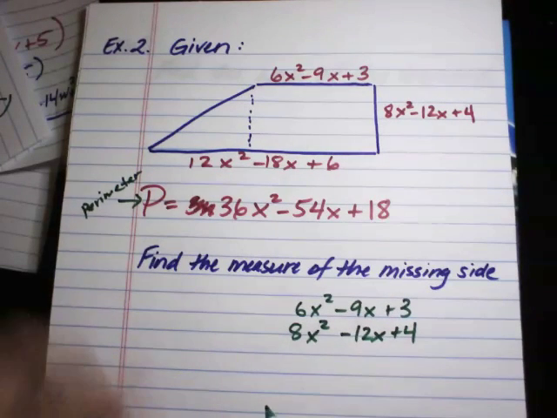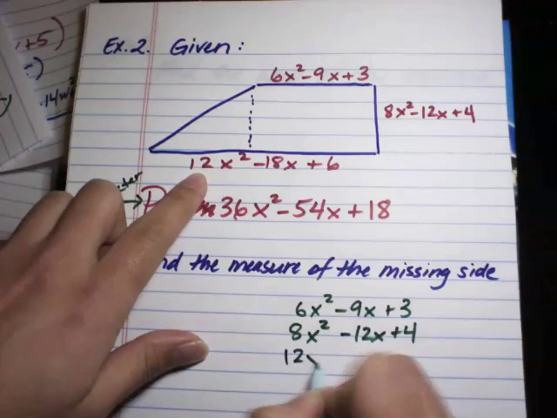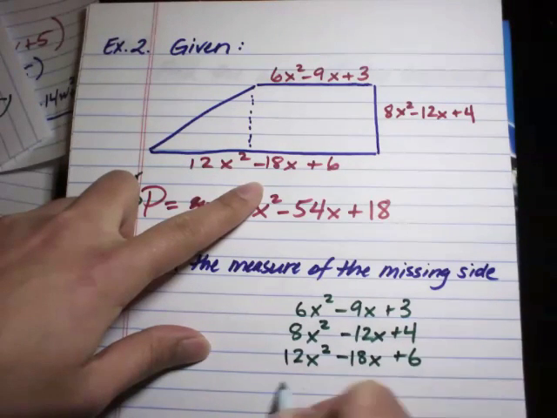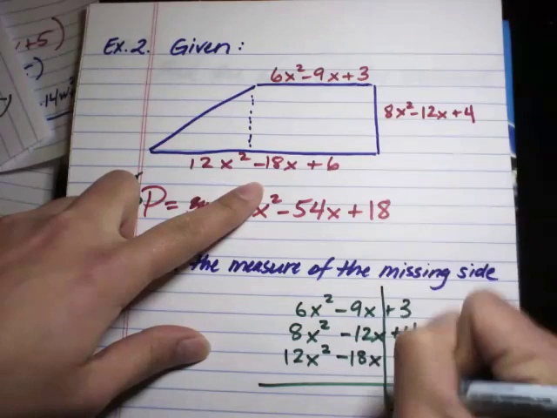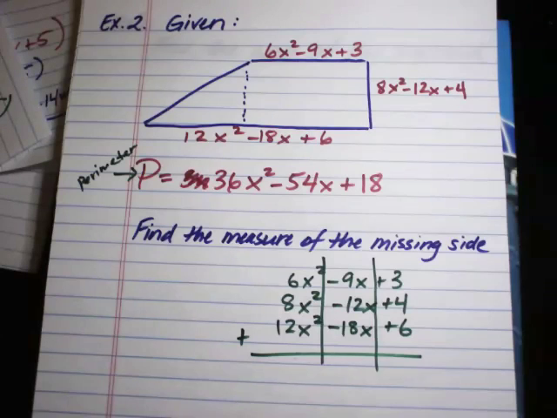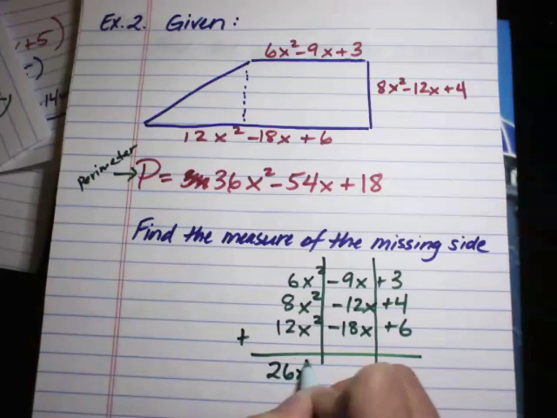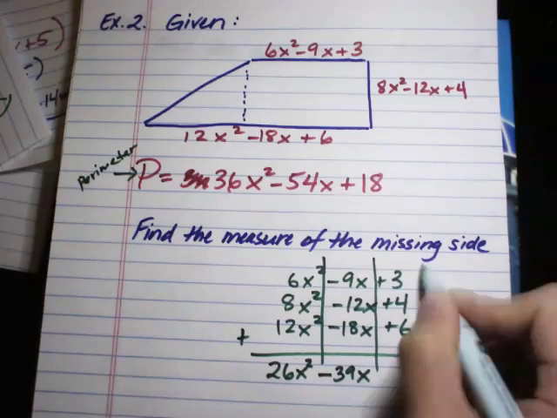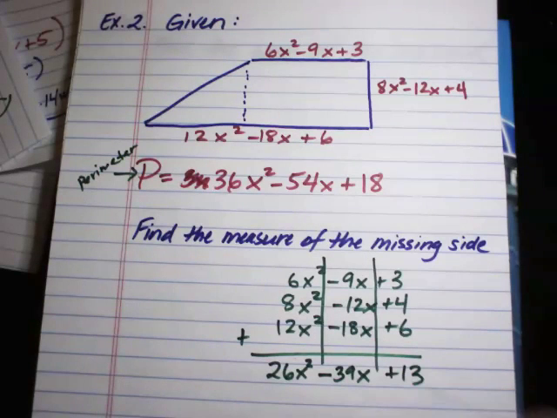Then I'm going to add the last side, 12x squared minus 18x plus 6. Sometimes it helps to have the barriers. I'm going to add everything together. I will have 26x squared minus 39x, and then you're also going to have plus 13.